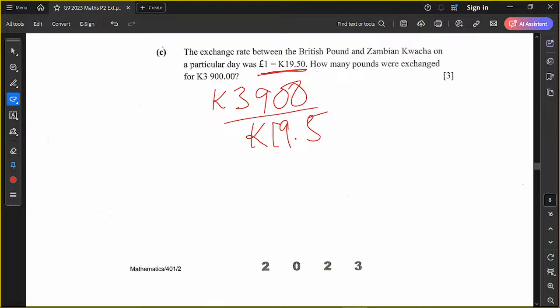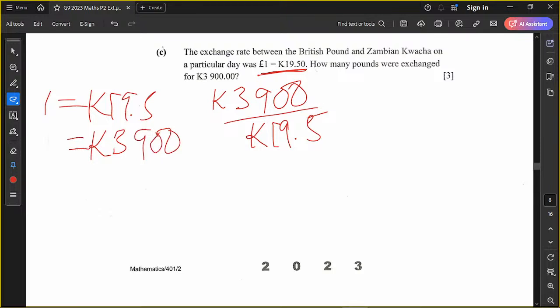Okay, if you want, you can do the proportion one where you say 1 pound is equal to 19 kwacha 50 ngwe, then how much will be 3,900 kwacha? We don't know, so we put x, then we cross multiply.